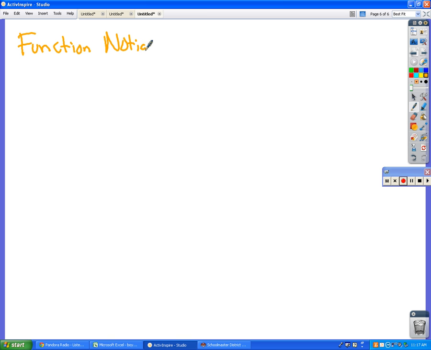So you're familiar with the old-fashioned y equals 3x plus 2, right? And we're going to change that into function notation.